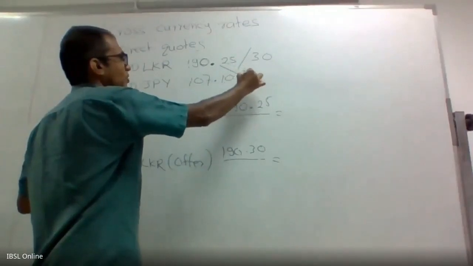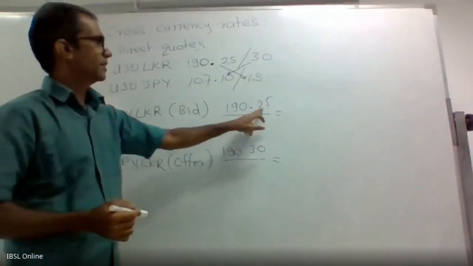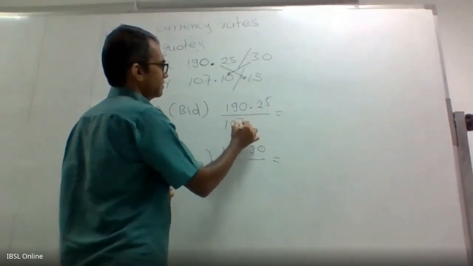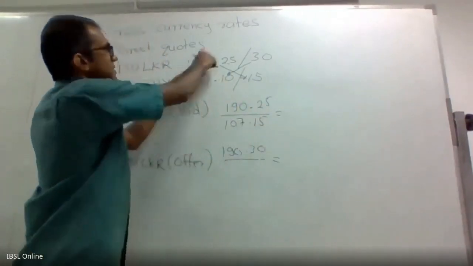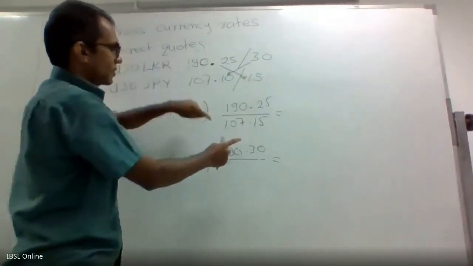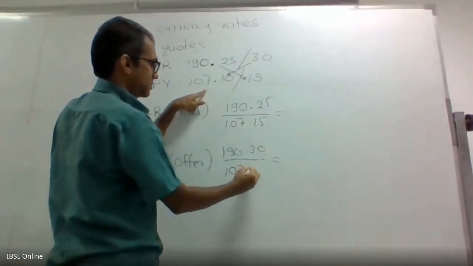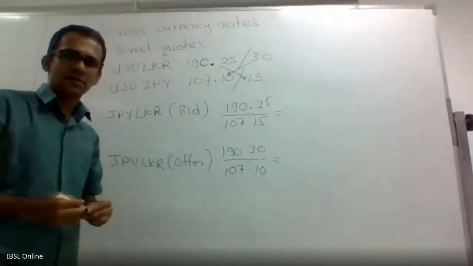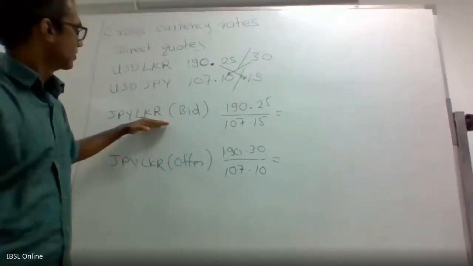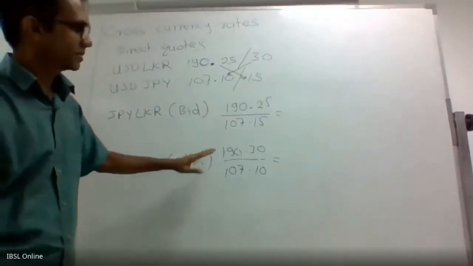Bid divided by the offer, offer divided by the bid. 190.25 divided by 107.15. Bid figure should be divided by the offer rate. Offer rate divided by the bid rate. Then you will get yen LKR bid and yen LKR offer.